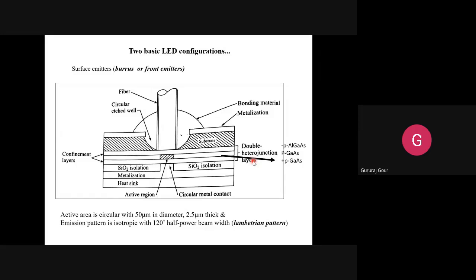The important thing is these three middle layers, which are depicted as confinement layers and are thin compared to the lower three layers, which are named silicon dioxide isolation, metallization, and so on. So we'll focus on these confinement layers.